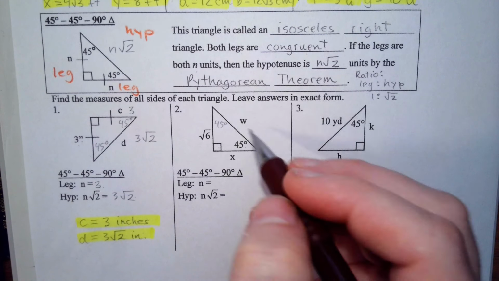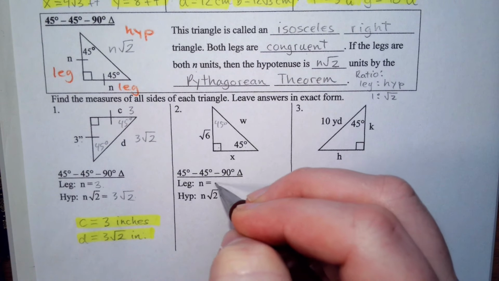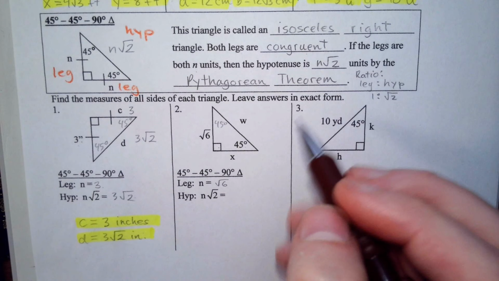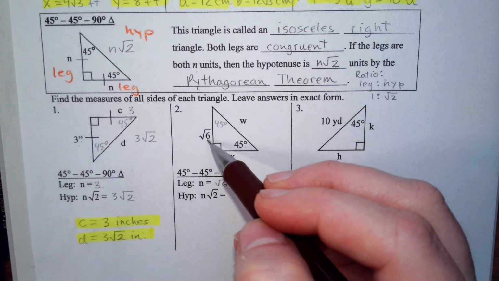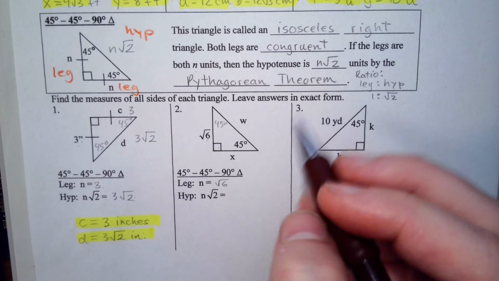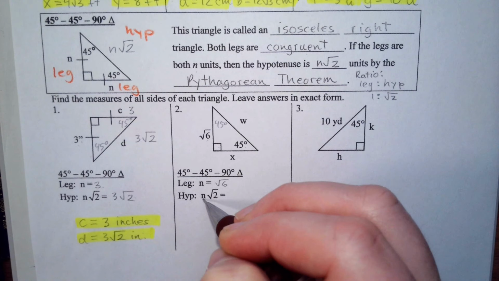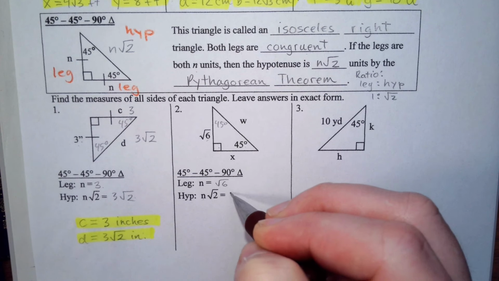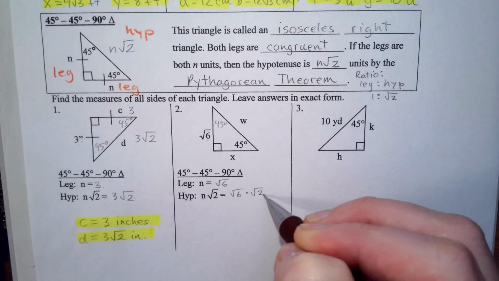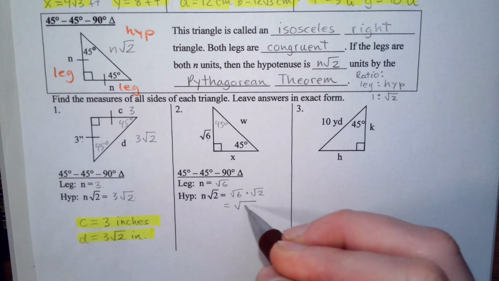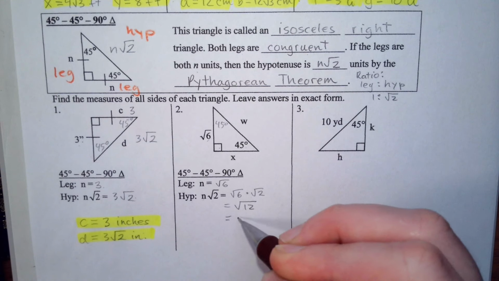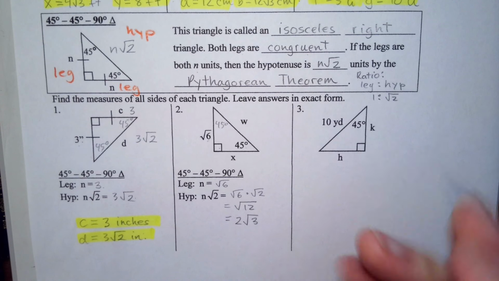So we're given that the leg is root 6. Okay, and remember the hypotenuse is root 2 times longer than that. So the hypotenuse is root 2 times longer than the leg. So the leg is root 6 times root 2. So we get the square root of 12. We simplify that, you're going to get 2 root 3.